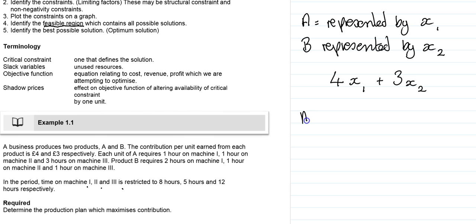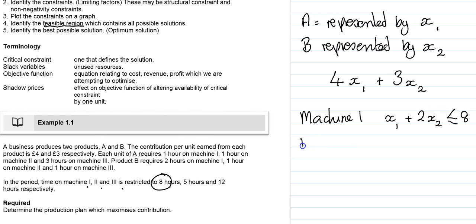With machine 1, each unit of A requires 1 hour of machine 1, and for product B it has 2 hours of machine 1. And then we're restricted to less than or equal to 8 hours.